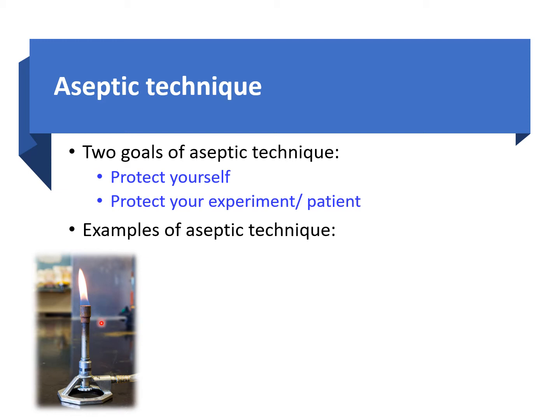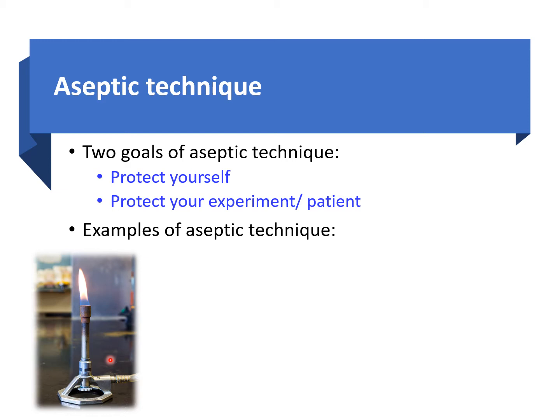And so the whole idea is when you have that Bunsen burner on, you want to work close to the Bunsen burner. You don't want to be far away from your Bunsen burner, otherwise you're stepping away from that sterilized zone that you just created. So you always want to work close to the Bunsen burner.